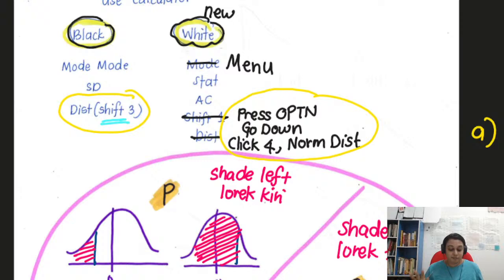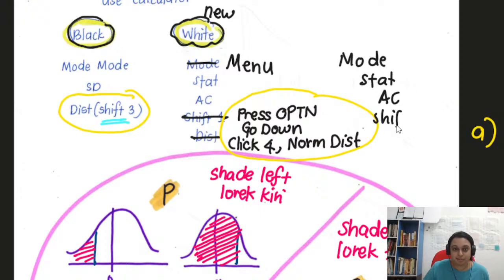Okay, there's also one more calculator. You see the original one here, teacher wrote mode stat AC, then shift 1, then distribution, right? This calculator is for those of you who use this type, but a bit newer version.